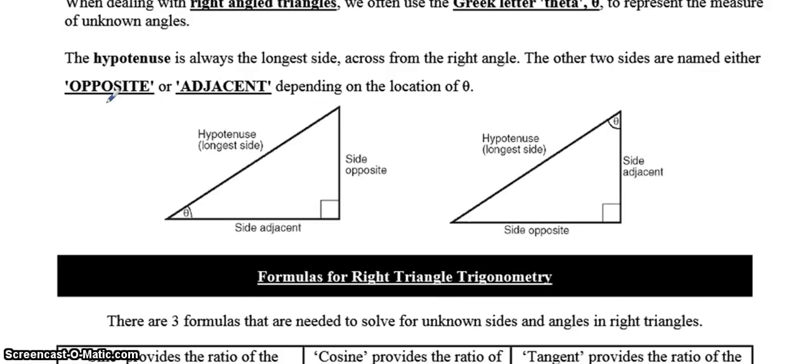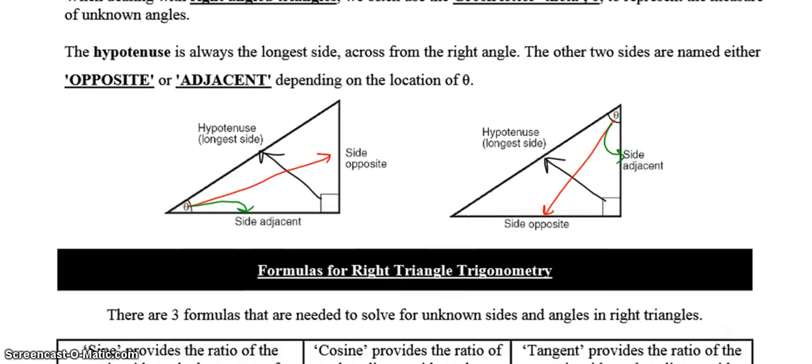The other two sides are named either opposite or adjacent depending on the location of theta. So there's the hypotenuse. There's the opposite side. But there's the opposite side if the angle's up here. And here's the adjacent side, but in this triangle the adjacent side is over there.